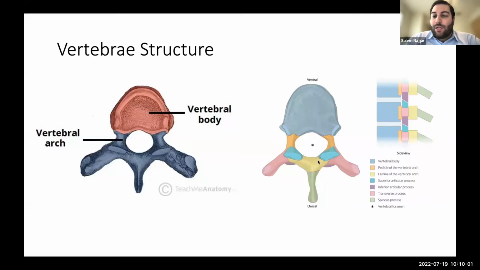Another really important point is the superior articular process and the inferior articular process. You can see on the lateral view here, if you just connect the colors, this is the SAP and this is the IAP, and the SAP of one level connects with the IAP of the level superior to it. So for example, the IAP of T8 will connect with the SAP of T9, as you can see here.